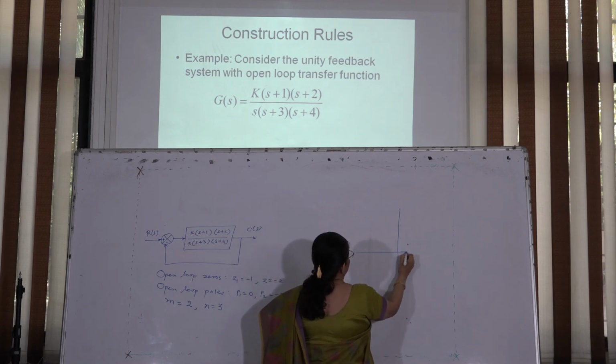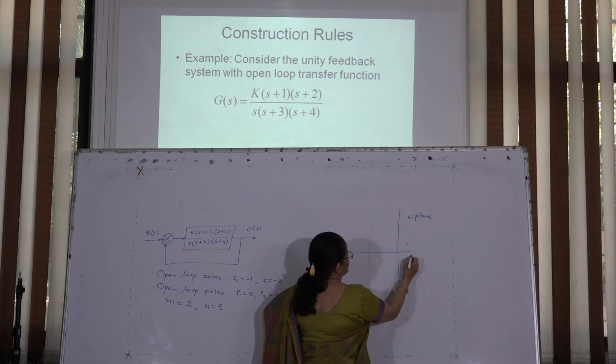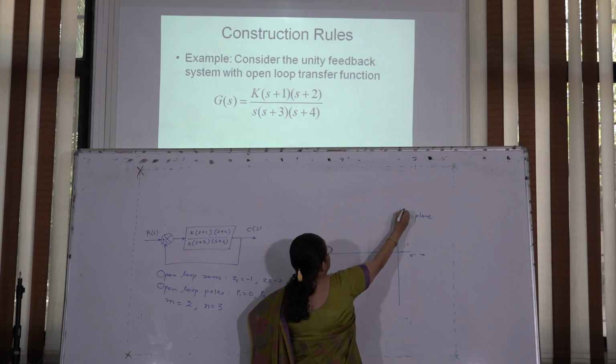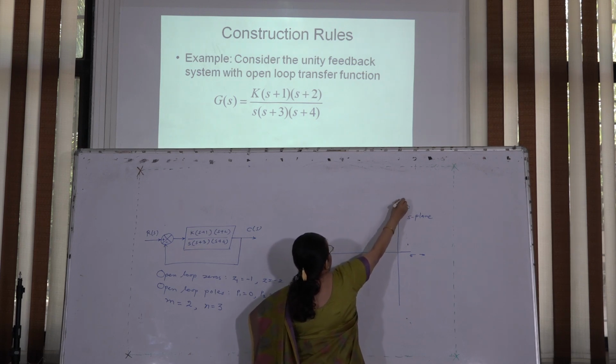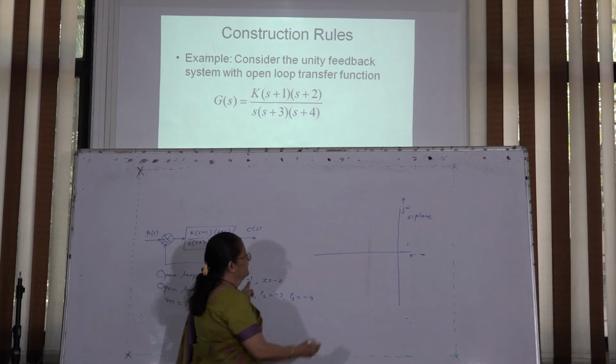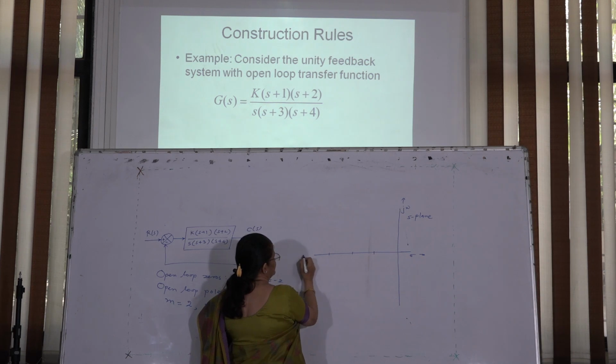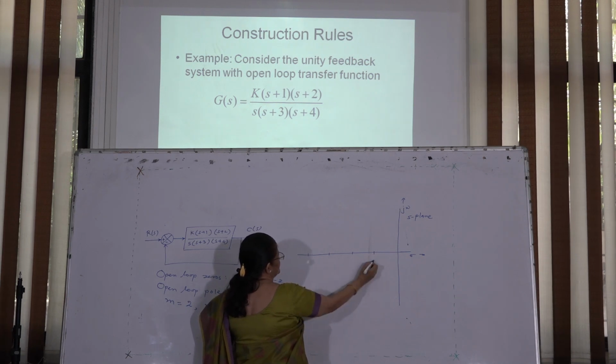So, draw the S plane. This is the real axis, this is the imaginary axis. First we will draw zeros. So, this is minus 1, minus 2, minus 3, minus 4.